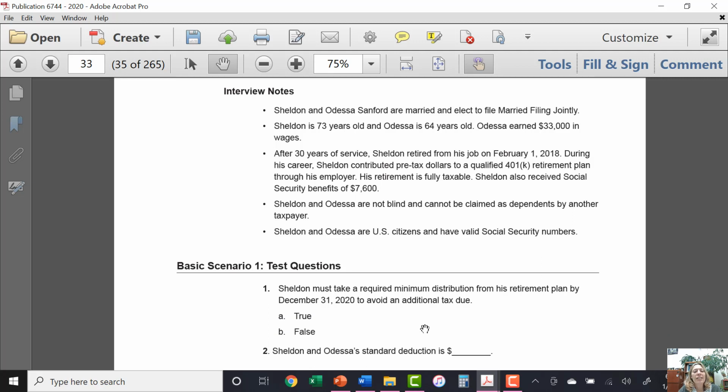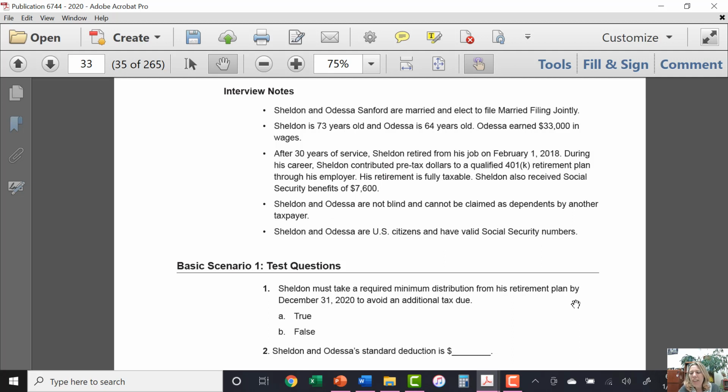So the first question says, Sheldon must take a required minimum distribution from his retirement plan by December 31st, 2020 to avoid an additional tax due. For 2020, that's false. The CARES Act, and any legislation passed in 2020 because of the COVID-19 pandemic, got rid of required minimum distributions for 2020.